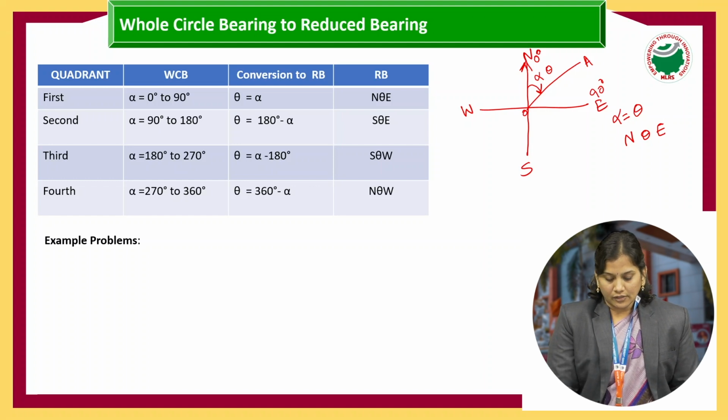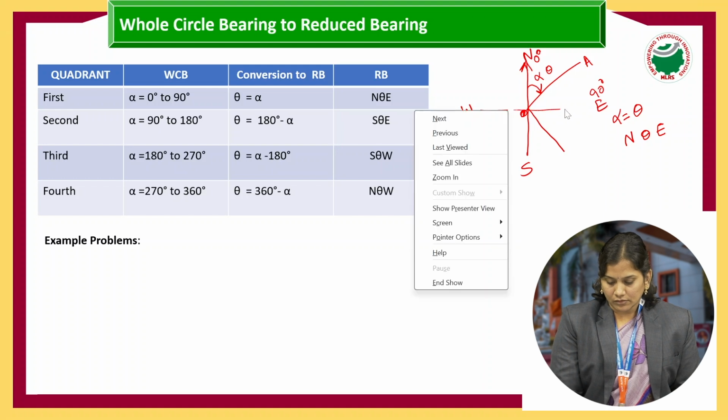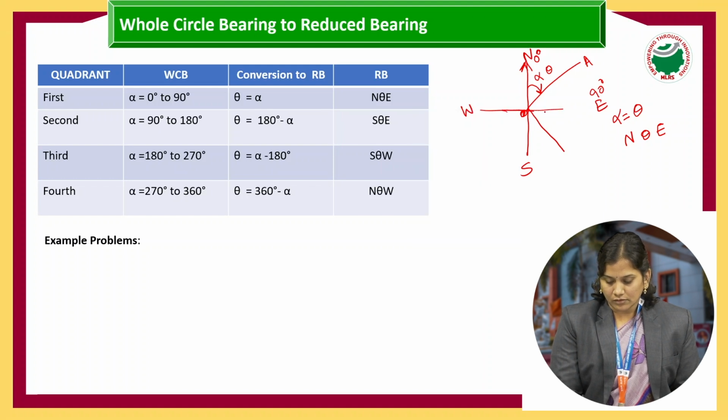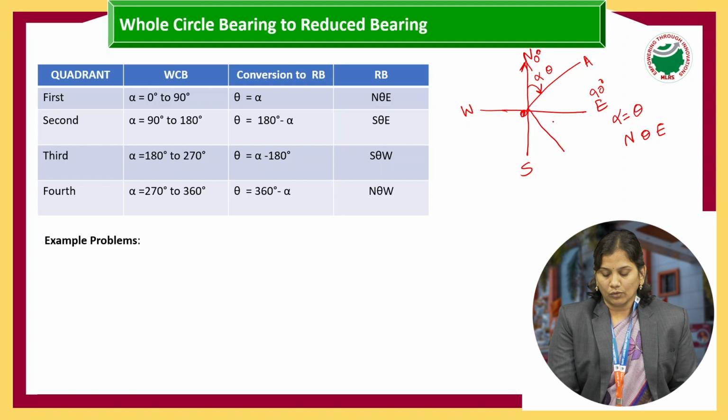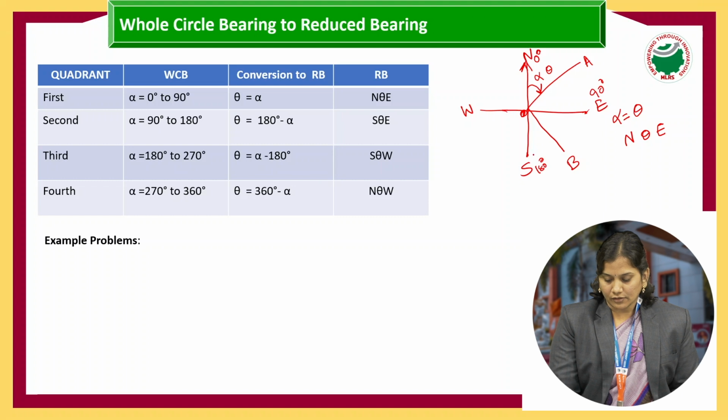Next, if our survey line is in the second quadrant, the whole circle bearing value ranges from 90 to 180 degrees. Now, how are we going to measure the reduced bearing? From south towards east.